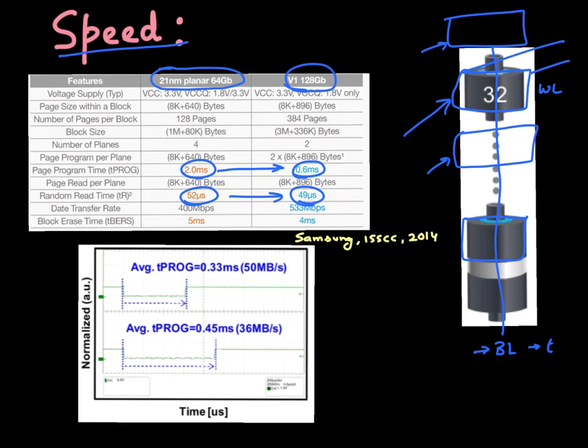But since the cell to cell interference is so low and the electrostatics is so good in a 3D NAND flash memory, you get much smaller program time, because you don't have to worry about all those extra things that you have to do in a 2D NAND flash memory.